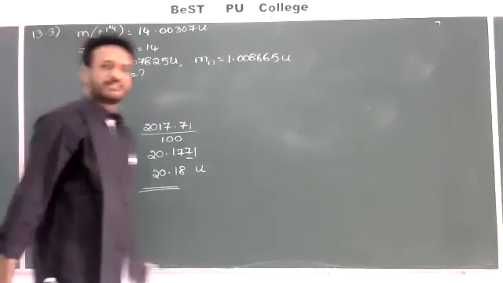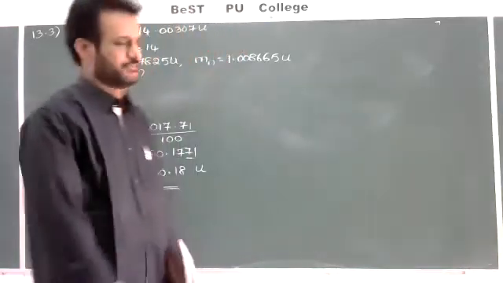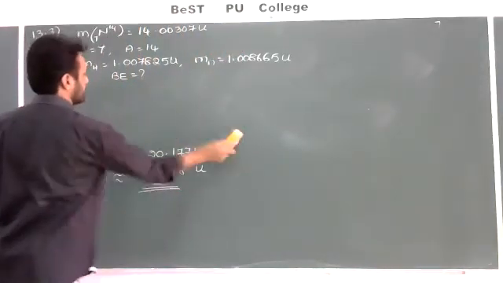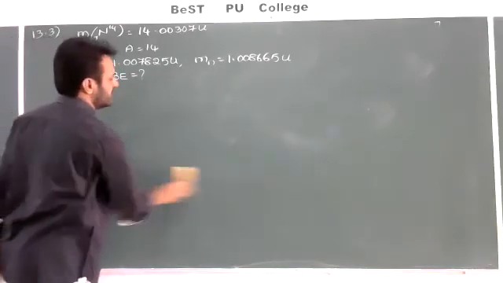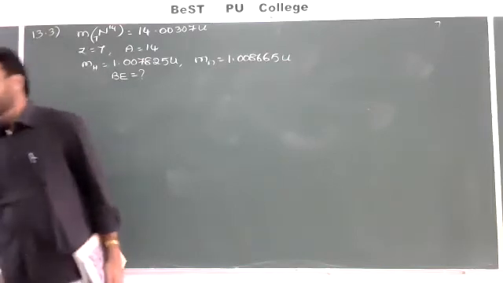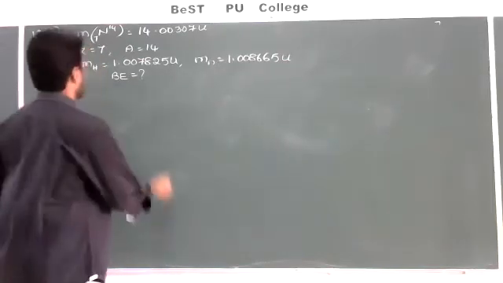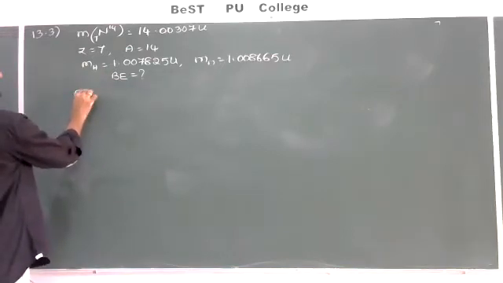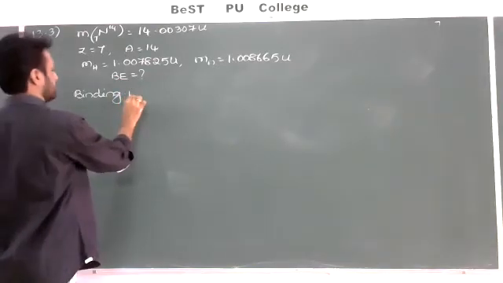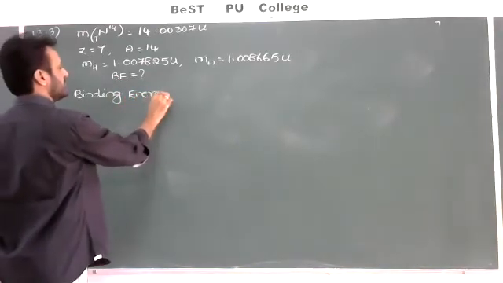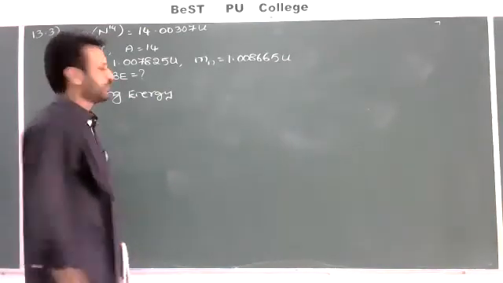Now calculate the binding energy. Binding energy is equal to delta M into 931.5. We should write the formula. There are two methods: first we calculate delta M and then multiply with 931.5, or we can directly calculate the binding energy of nitrogen. Here they have given atomic mass, so I will directly use mH instead of the proton.